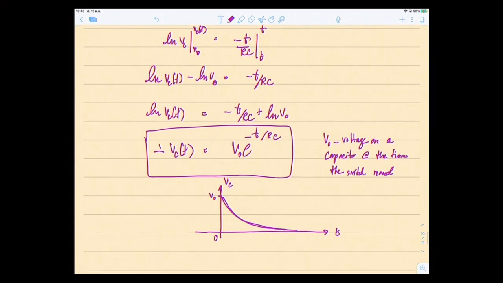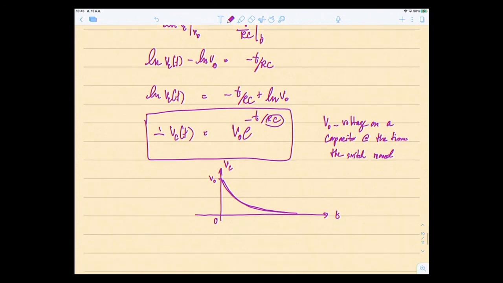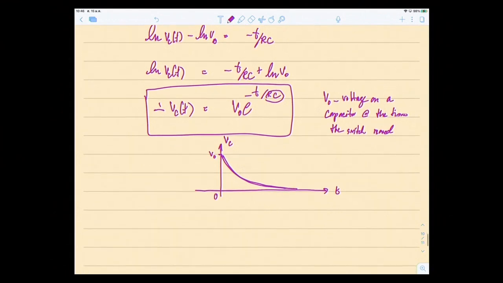Another important fact you have to look at is this RC right here. We have a name for it: it's called tau. Tau is called the time constant. It determines how fast the capacitor charges or discharges.